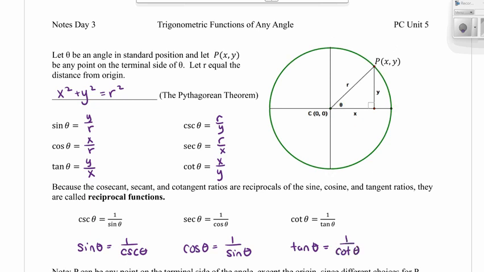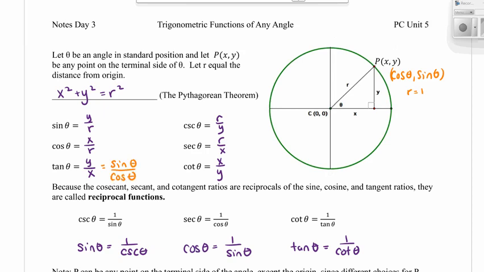Also, because we learned about our unit circle, with x being the cosine and y being the sine, remember we said at this point we could say that the point is cosine of theta, sine of theta. So if we're thinking about the unit circle when r is equal to 1, then remember we said tangent is also equal to the sine of the angle theta over the cosine of theta.